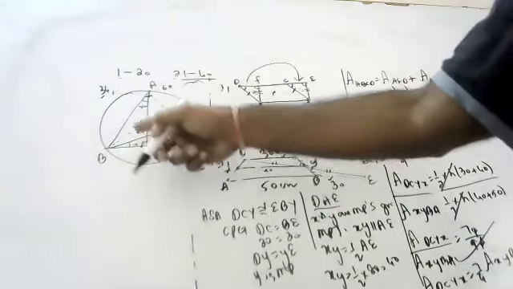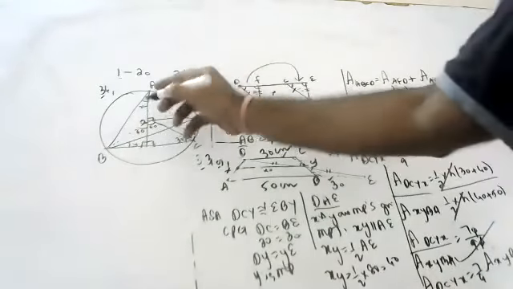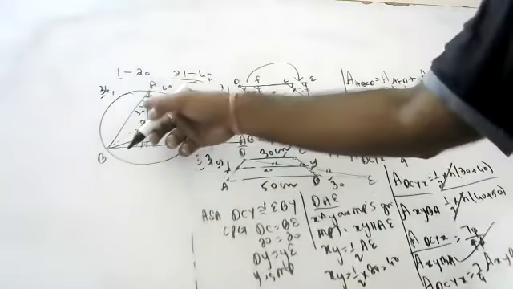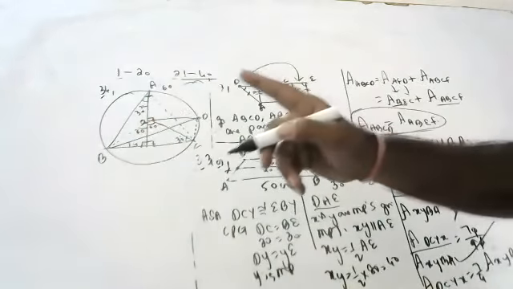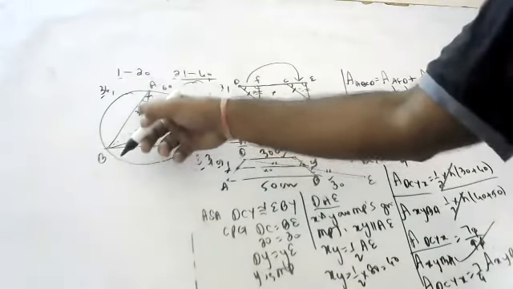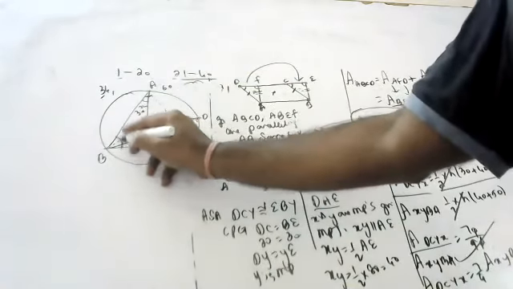But this is a perpendicular, so this triangle and this triangle are congruent, so this will be 30. This is 30, this is 90, this is 30, this is 90, this total will be 60.